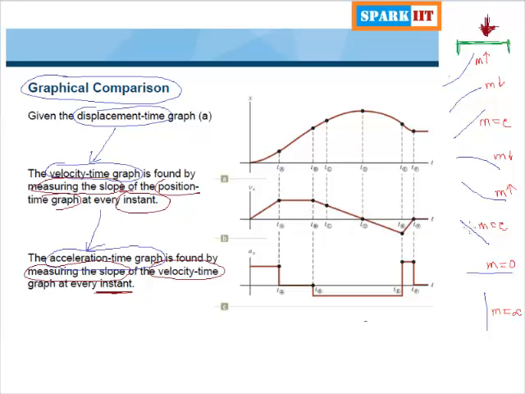From B to E the slope is constant, but you see the slope is constant negative. You can see from the previous slide that this is negative, so the acceleration is negative. From this point to this point the slope is constant, so I make acceleration positive constant. And here the slope is 0, so acceleration is also 0.